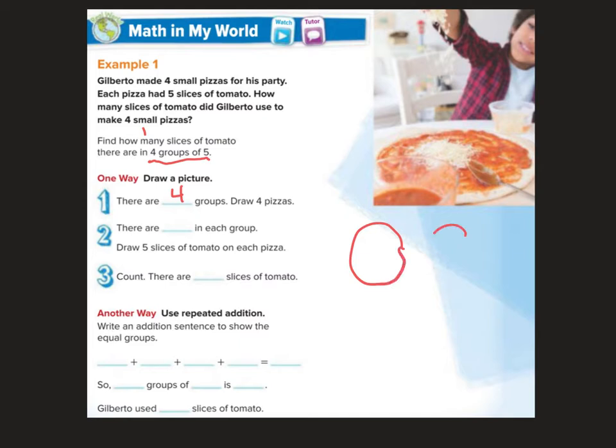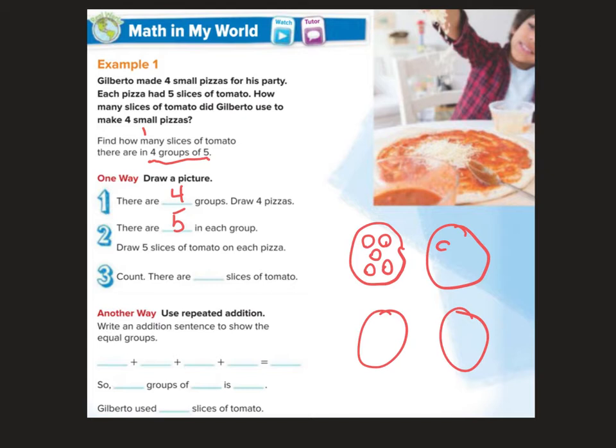1, 2, 3, 4. And there are 5 tomatoes in each group. 1, 2, 3, 4, 5. I hope you're thinking what I'm thinking of.